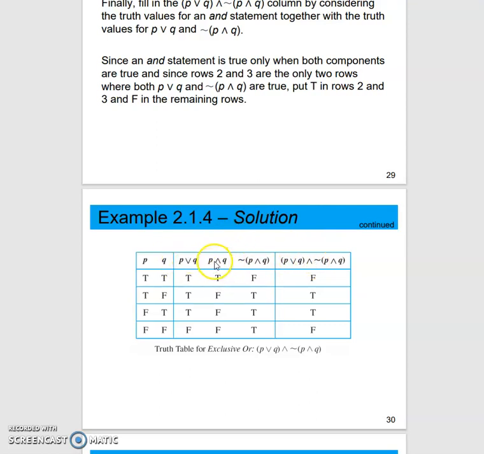I've got P and Q. And then I did the not of P and Q. And then last but not least, I put those two things together with the and. And again, for each step here, we have to remember what the truth table looks like for each step as we then get that final result. And as you can see here, my final result was false, true, true, false.